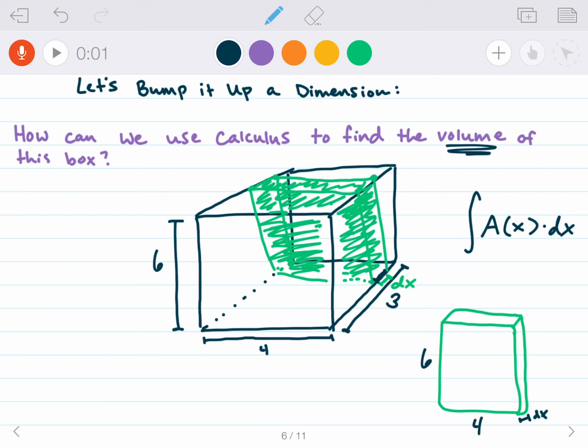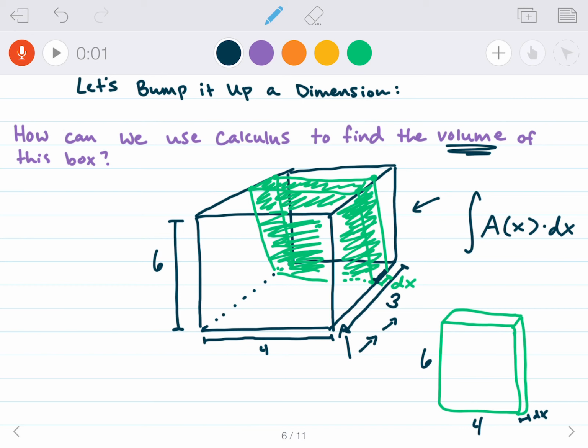Do I need to? Well, the question you should ask yourself is, if you're starting right here with a slab, so you put an infinitely skinny slab in the very front of the box and you move along this axis, you're just adding more and more slabs until you get to the very end of the box.